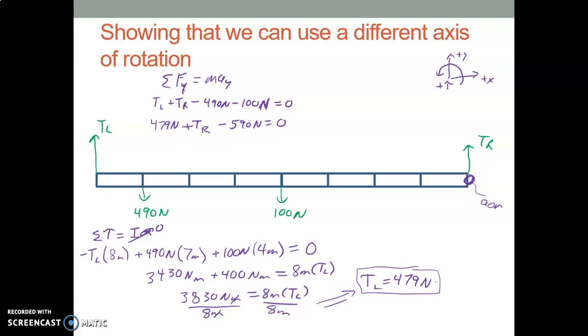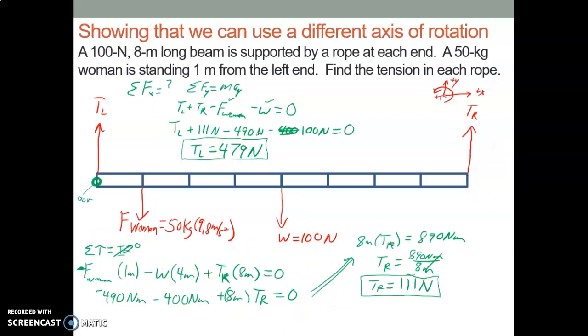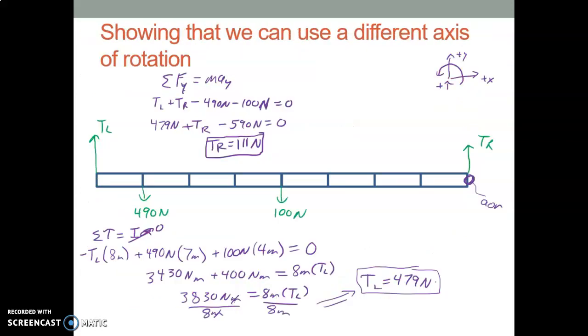So if we add 590 to both sides and we subtract 479 from both sides, we get T sub R equal to 111 newtons. We go back, 111 newtons and 479, we get the exact same answers.